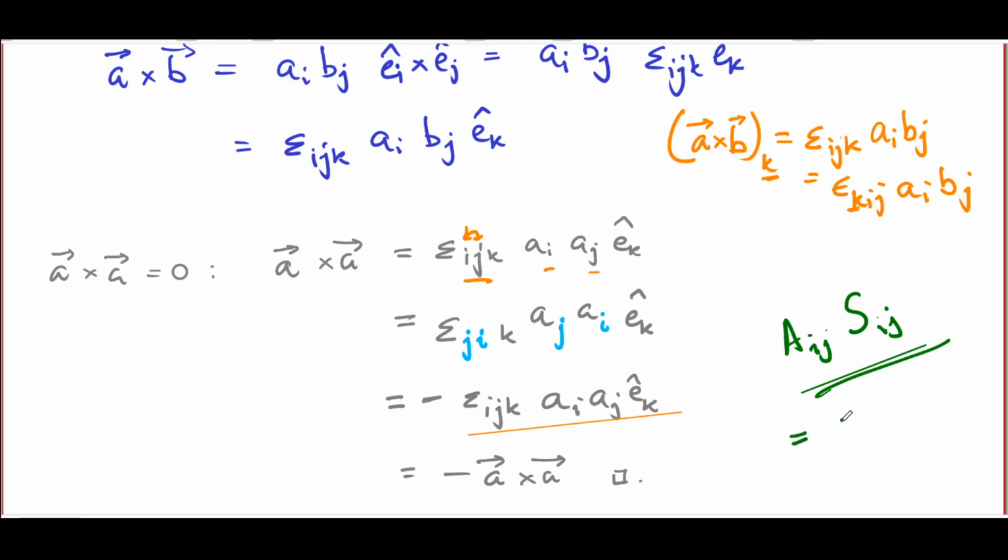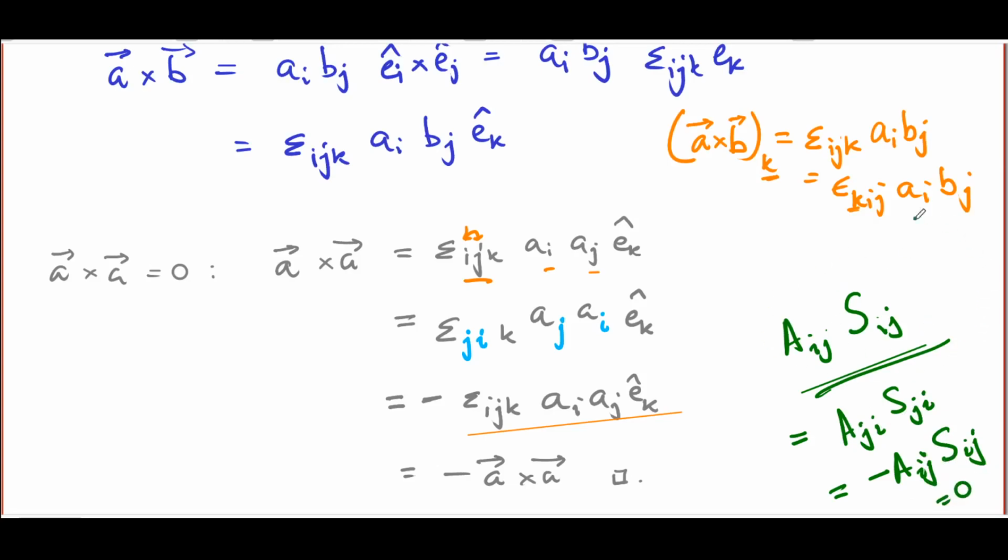Here again, because of the fact that I can interchange the two indices without changing the thing, I can write this. But since a_ji is negative of a_ij, and s_ji is the same as s_ij, that is the stated symmetry and anti-symmetry properties, you get a_ij s_ij is negative of itself, so has to be 0.